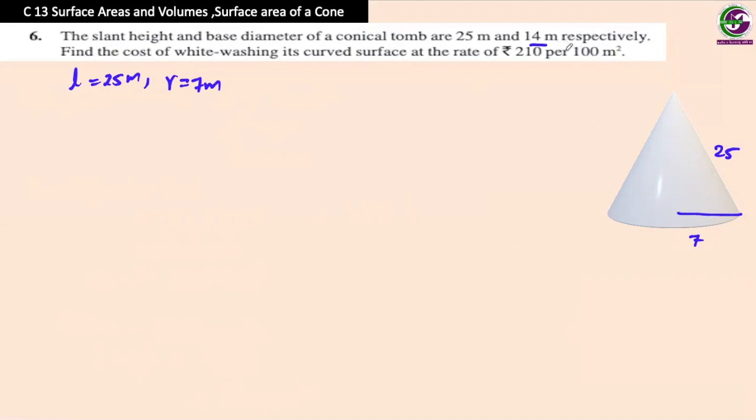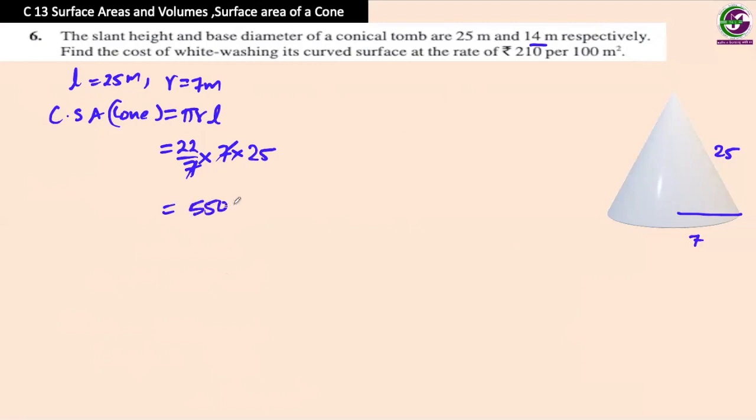So first we will find the curved surface area in meter square. Curved surface area of a cone is pi RL, and we can use pi as 22 by 7 because it's not given to use 3.14, multiplied by 7 multiplied by 25, which is equal to 550 meter square.